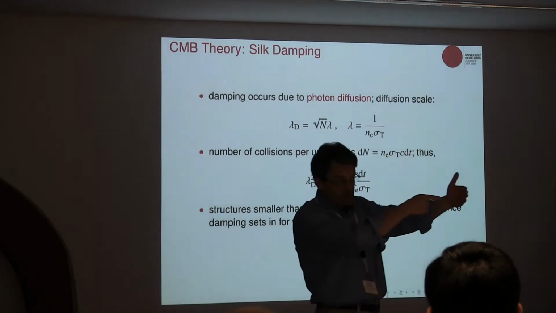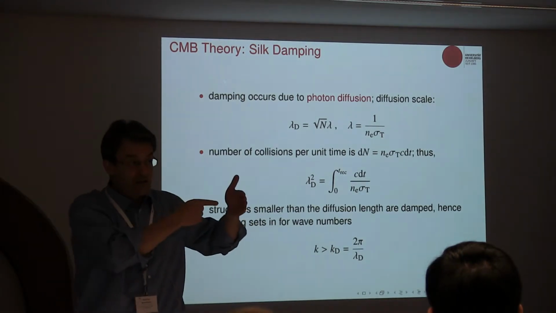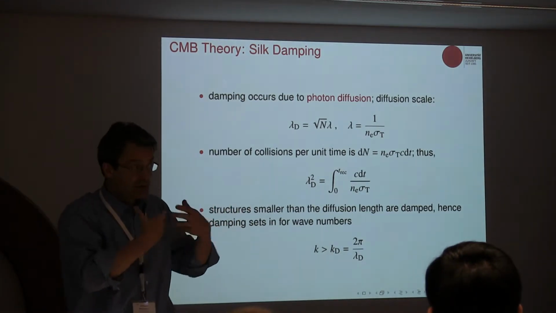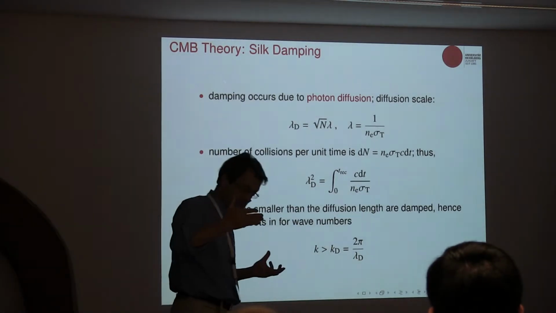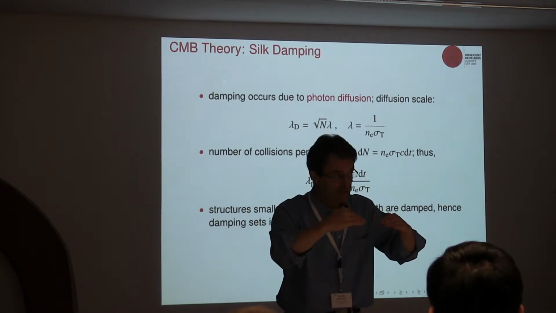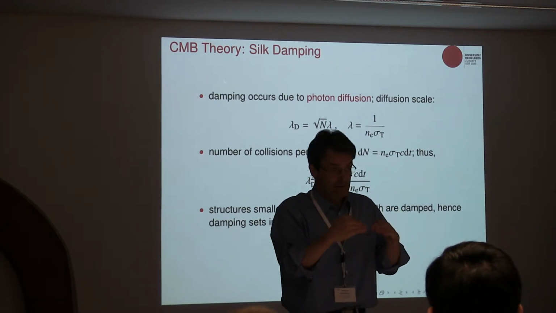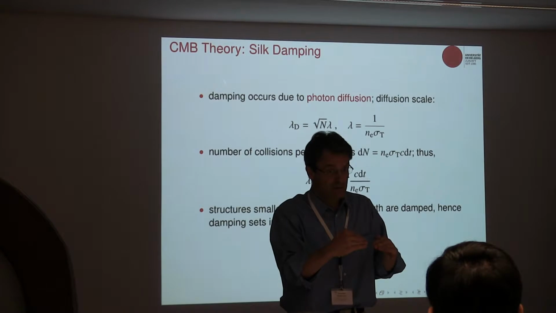So as we look into this recombination shell, we will see the onset of photon diffusion as well. And photon diffusion gives rise to wiping out, the partial removal of fluctuations on very small scales. So the onset of diffusion wipes out part of the fluctuations.